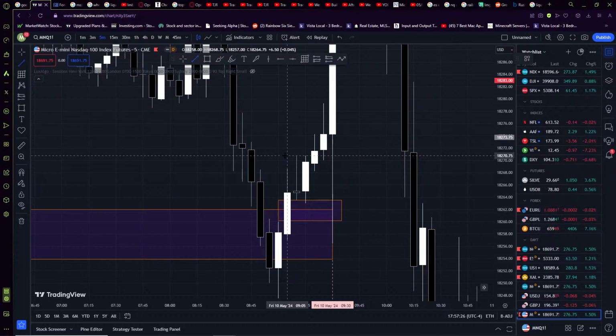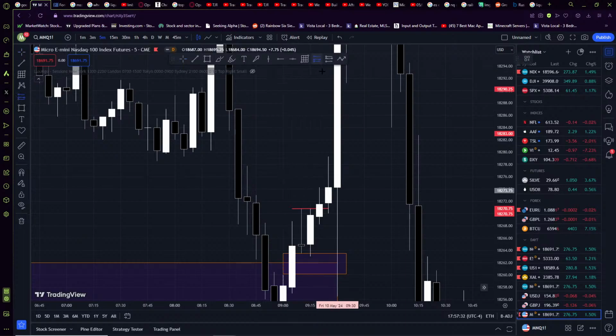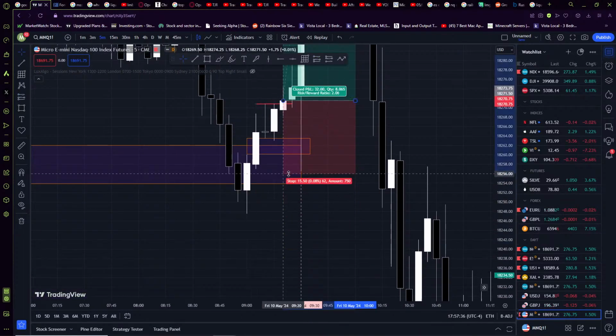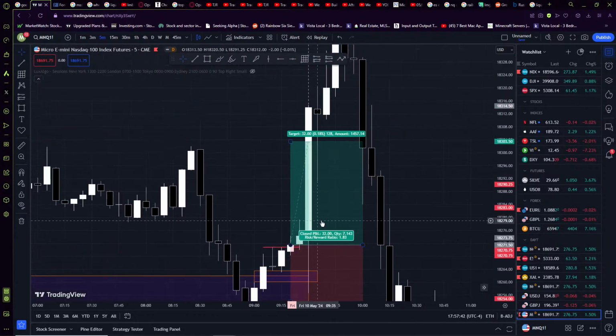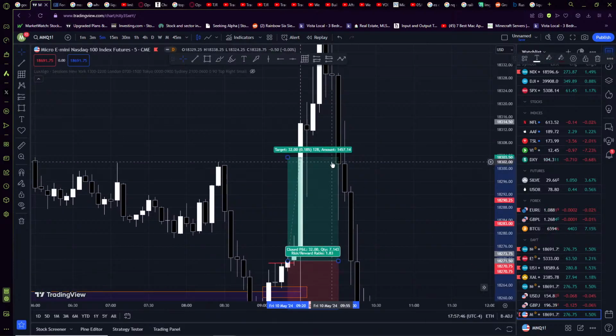Say we do wait for a break. This break, we disrespected a bunch of fair value gaps, and we can just catch this trade off the rip. Stop loss below this fair value gap. I think this is PM market open. Yeah, I need to catch the trade, right?